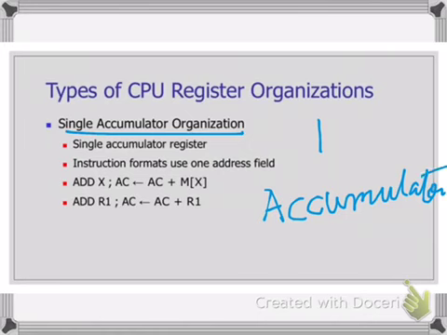With only one register, a machine with this type of register organization will have only one address field. For example, you can see in this example here, add X.